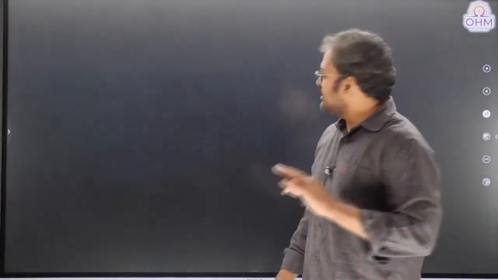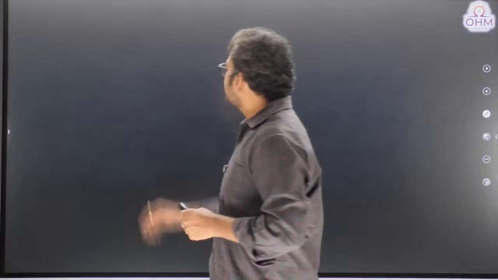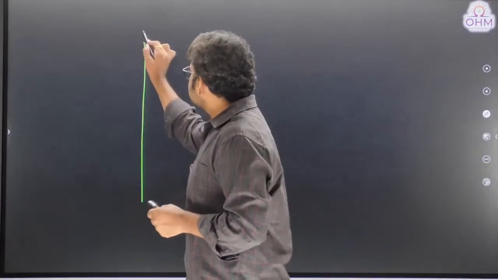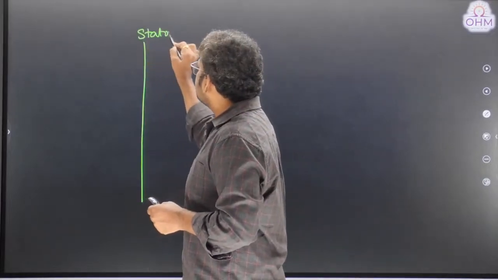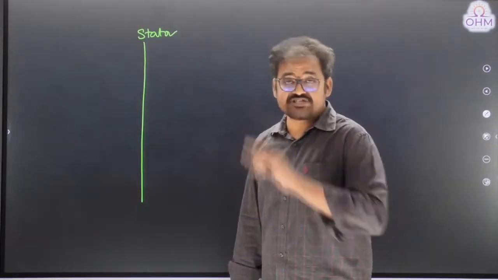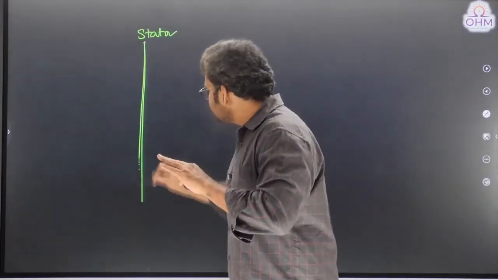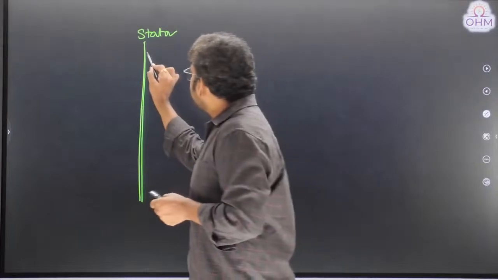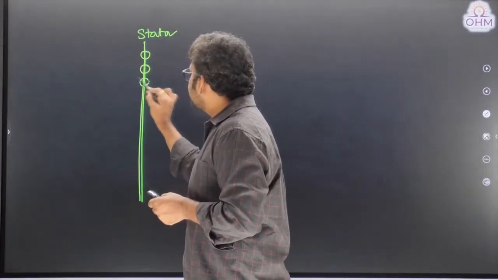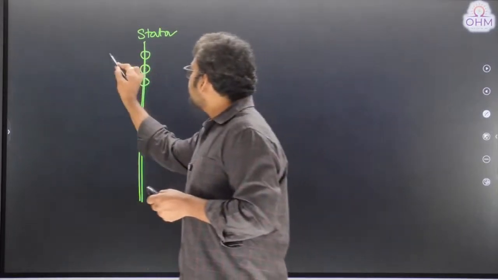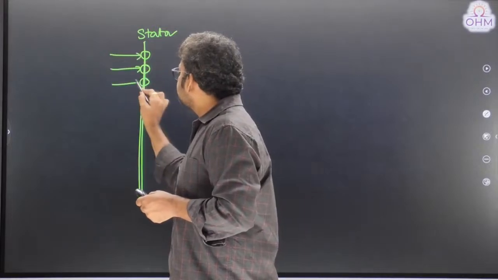To understand that, let me consider a simple example. Consider this is the stator part of the synchronous machine. This line is like a stationary line. The stator has three-phase distributed winding carrying AC current.